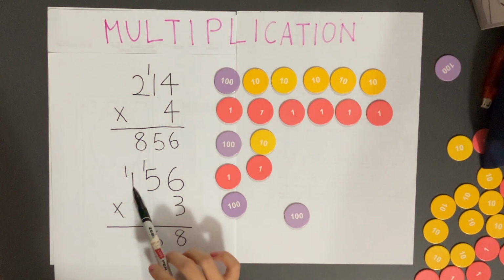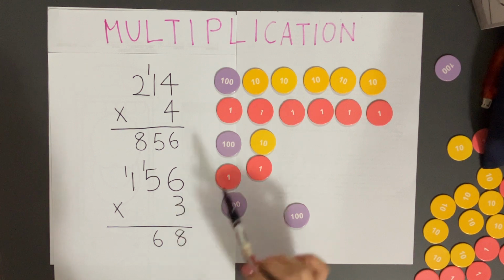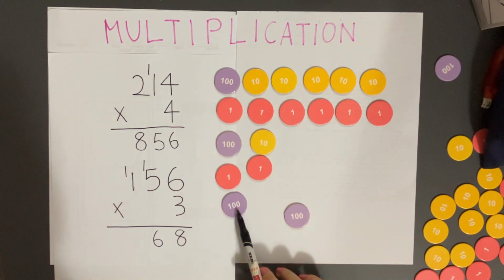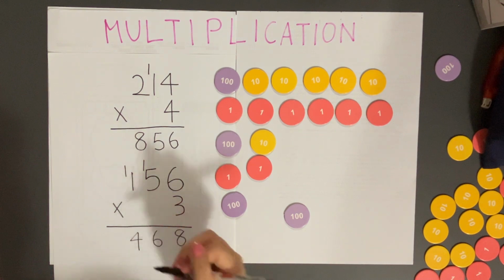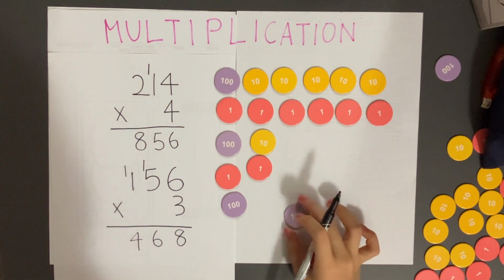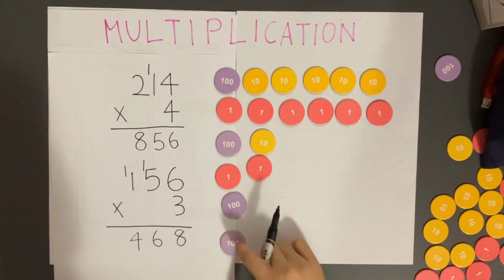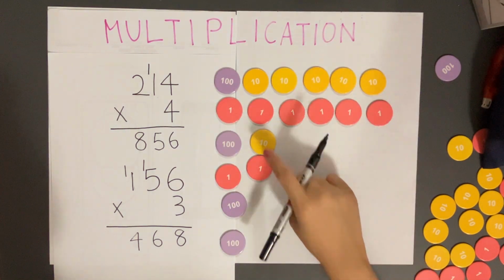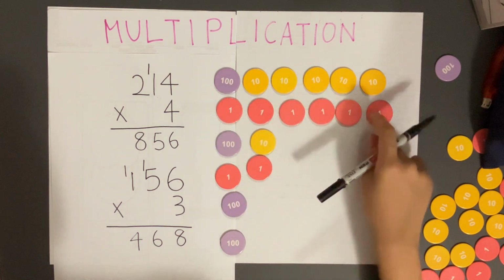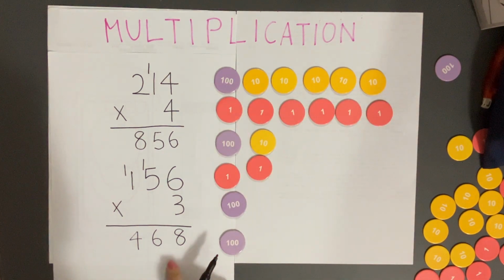So I have 100 times 3, which is 300 plus 1 more 100, which gives me 400. So I should get 400, 6 tens, and 8 ones. So that is how I get my answer.